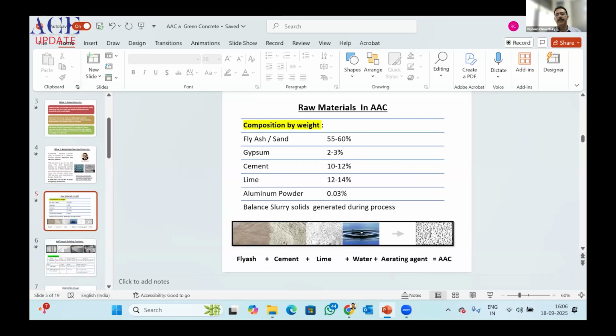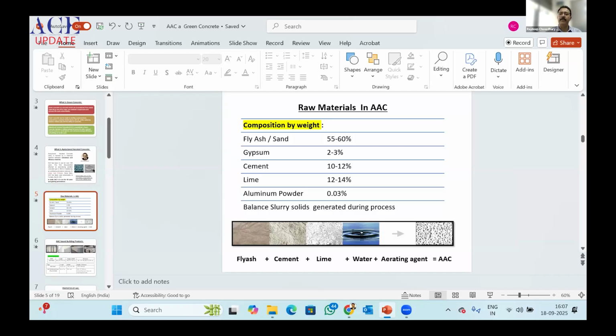Now, if you look at the components of autoclaved aerated concrete, as I mentioned in the beginning, the essential component of AAC is 70% supplementary material, that is fly ash. Of course, you can also use sand, but when we tried this technology in India 40 years back, we had an intention to replace sand, because fly ash had no utilization 30, 40 years back.